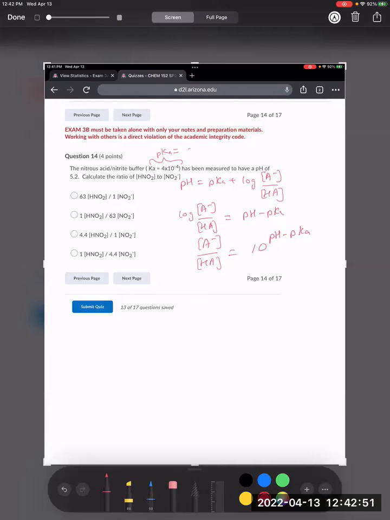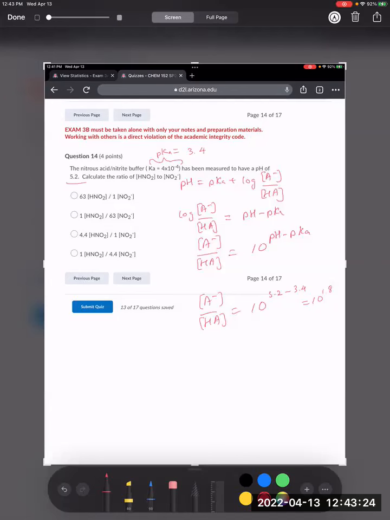Then you are given the pH, which is 5.2. We just plug in these values to find the A minus to HA ratio. If we do that, we have 10 to the power of the pH, 5.2, minus the pKa, 3.4, and this should be 10 to the power of 1.8.